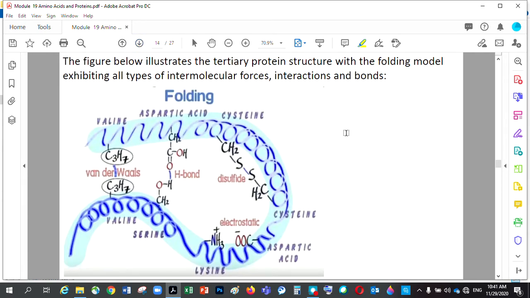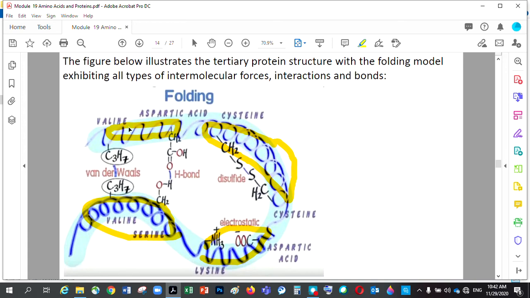The tertiary protein is nothing mysterious. If you look at this, it's really the secondary one, because here you have the helix, and here you have the helix, and here you can have the sheets. Here you can have the sheet or the primary one.